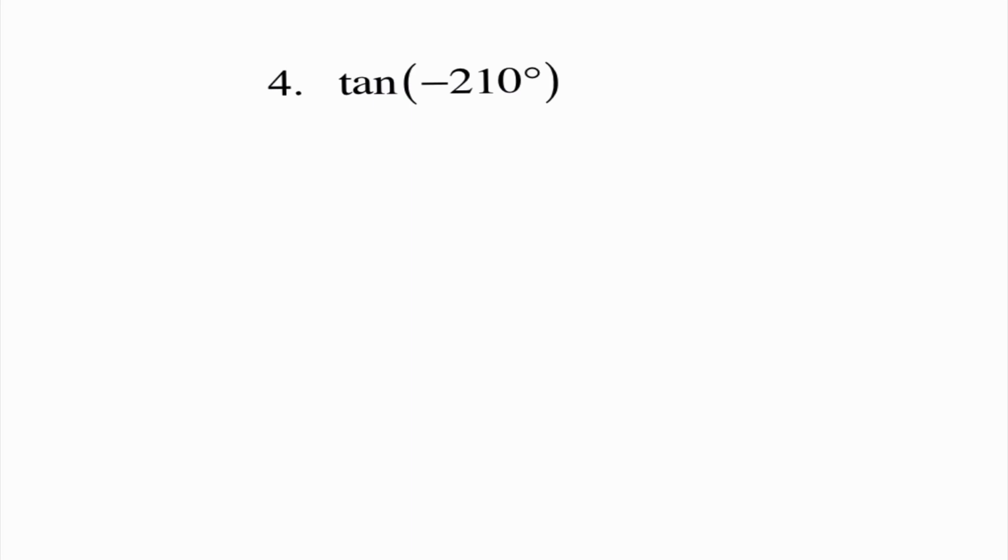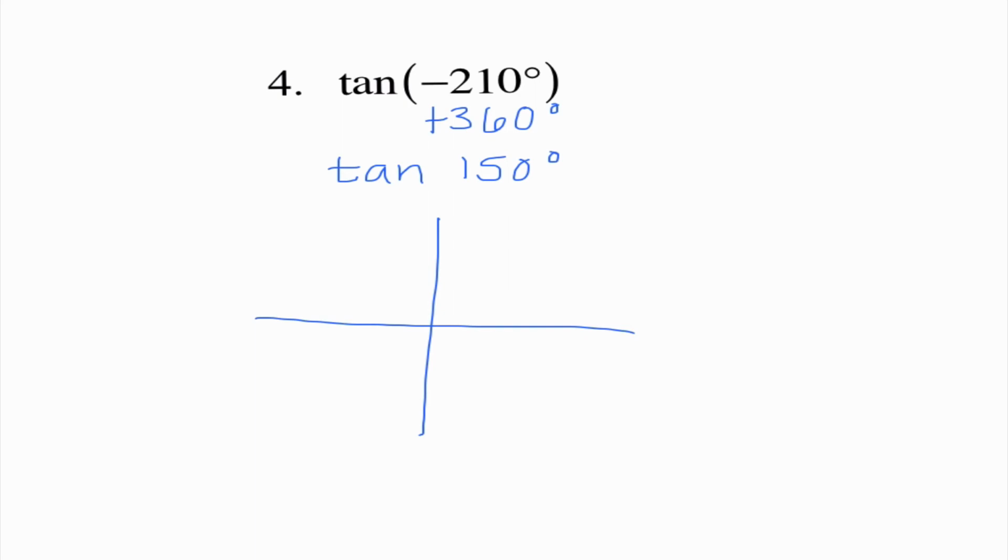Tan of -210 degrees. The first thing I'm going to do is add 360 just to make a positive coterminal angle, because I think it makes it a little bit easier. I know 150 is in quadrant 2, and 150 degrees is 30 degrees away from the x-axis, so I'm going to label this 30. Opposite from 30, we have 1.